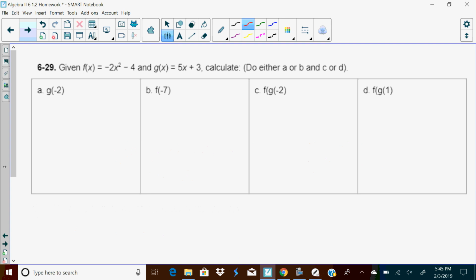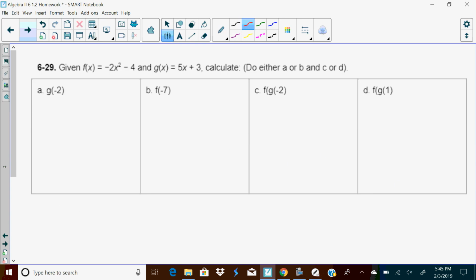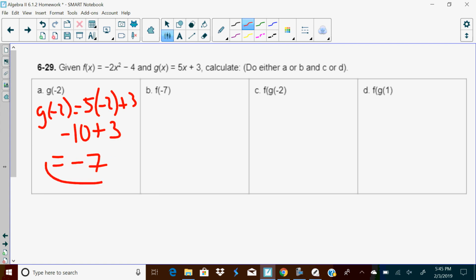6.29, given that f of x equals negative 2x squared minus 4, and g of x is 5x plus 3, calculate to figure it out. So if I do g of negative 2, I'm going to plug in negative 2, so I get 5 times negative 2 plus 3, or negative 10 plus 3. So it equals negative 7.